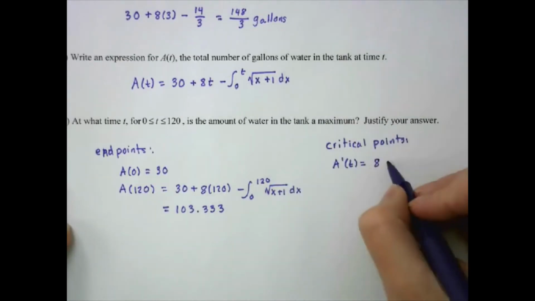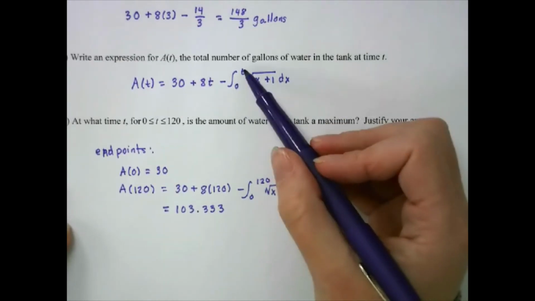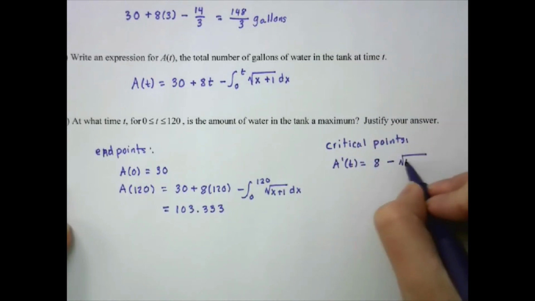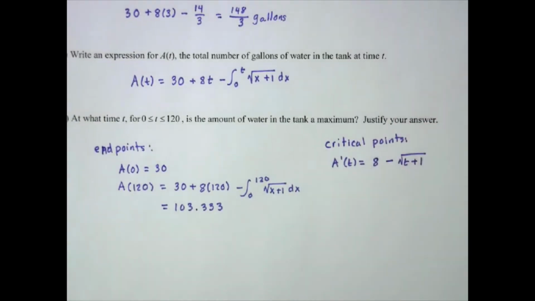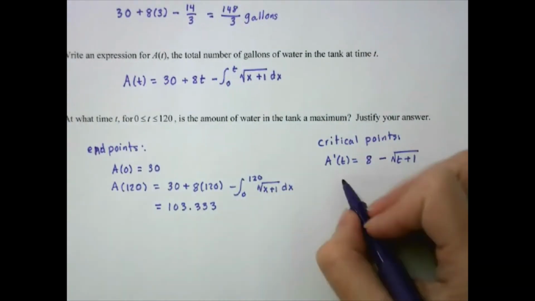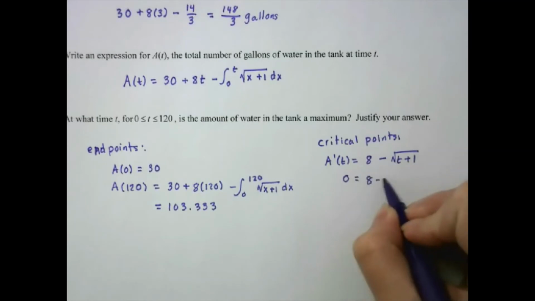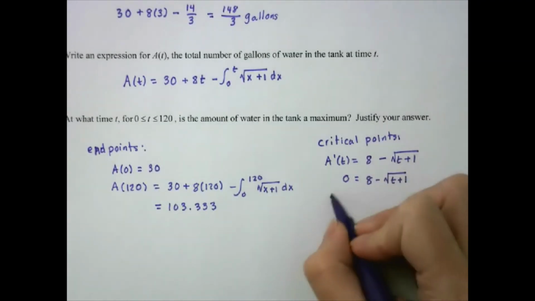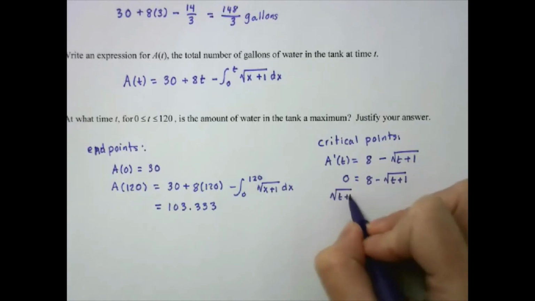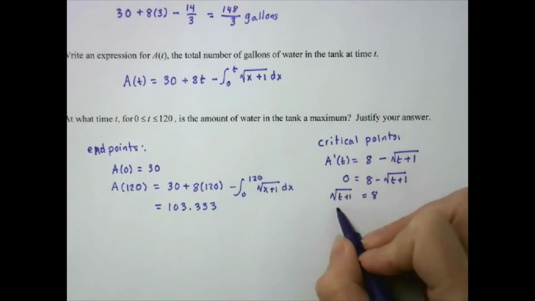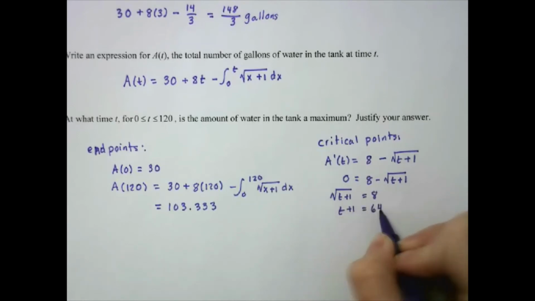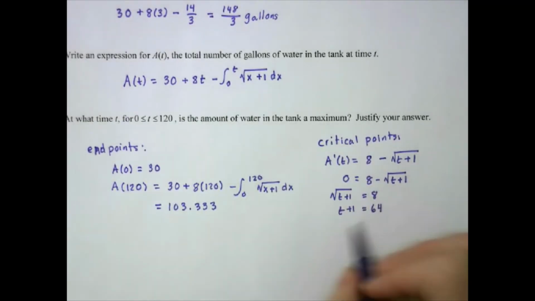And then the derivative of the integral from 0 to t of this is going to be the square root of t plus 1 using the second fundamental theorem of calculus. So we're going to set that equal to 0. So the square root of t plus 1 equals 8. Square both sides. And then subtract 1.